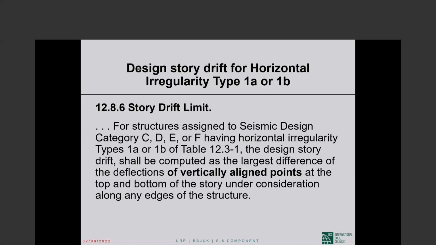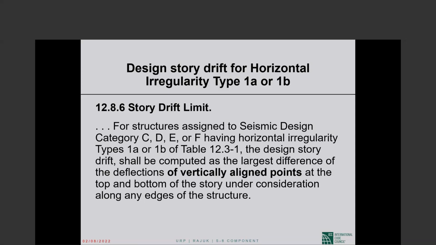And now, that is not good enough if you have significant torsion. So for structures assigned to design categories C, D, E, or F having horizontal irregularity 1A or 1B, which would indicate significant torsion, the design story drift shall be computed as the largest difference of deflections of vertically aligned points at the top and bottom of the story under consideration along any edges of the structure.